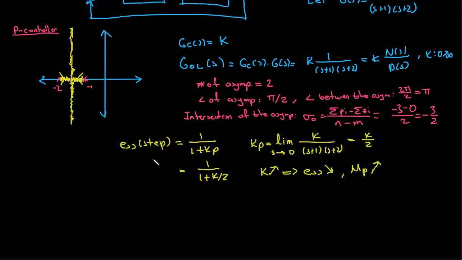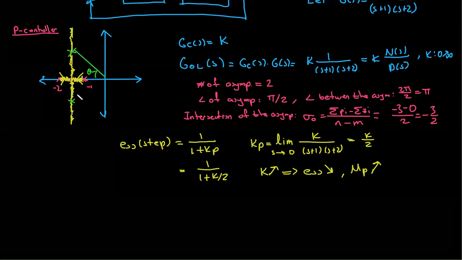So if you have complex poles, remember that, let's say somewhere over here, let's call this angle theta for the time being. When you have complex conjugate poles, then you have an underdamped response for the unit step input. And if theta increases, then the overshoot increases.